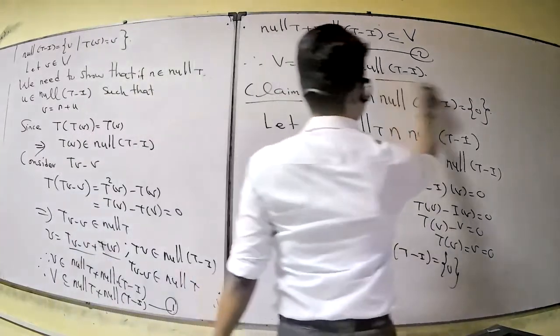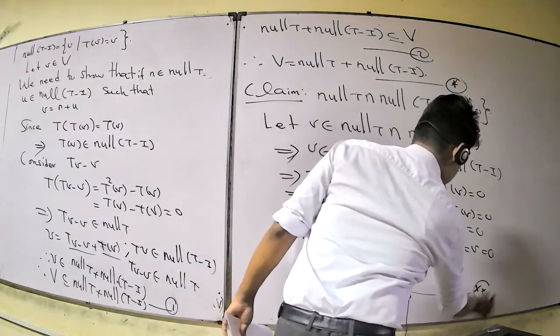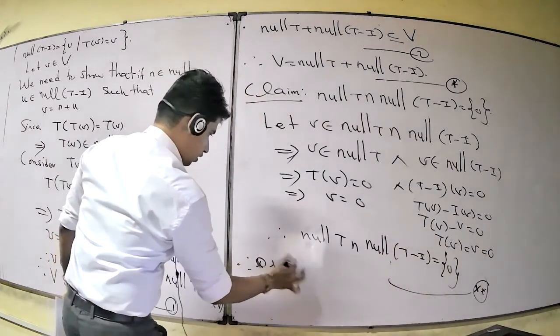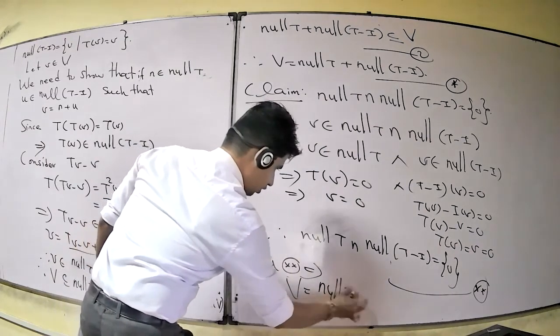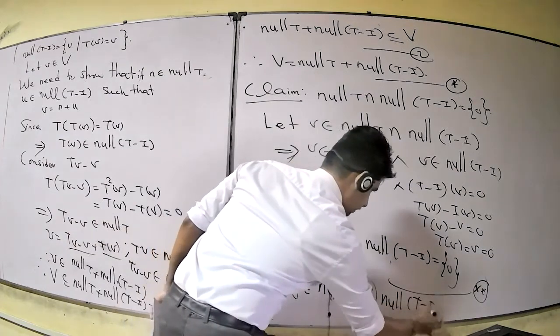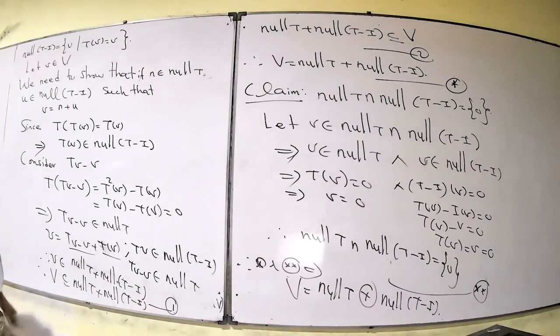You put here this star, and another condition, double star. Therefore, star and double star imply B equals null of T direct sum null of T minus I.